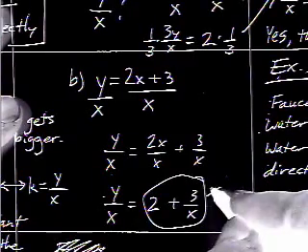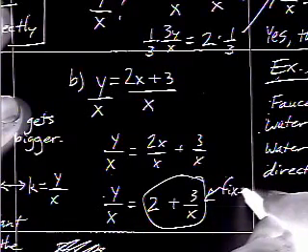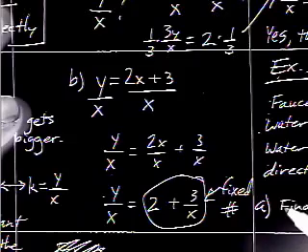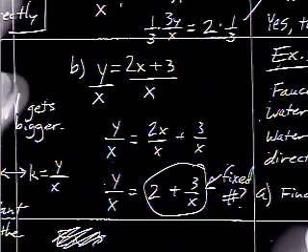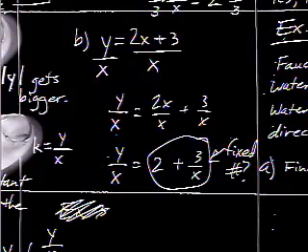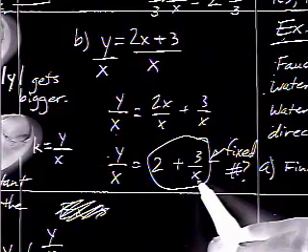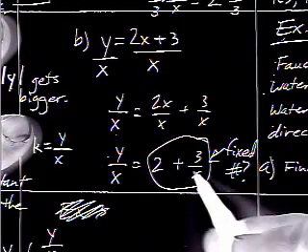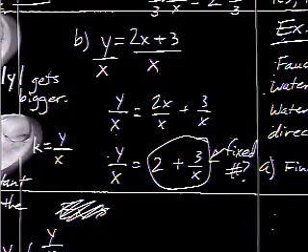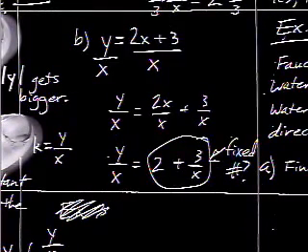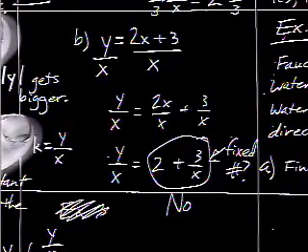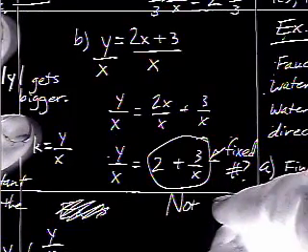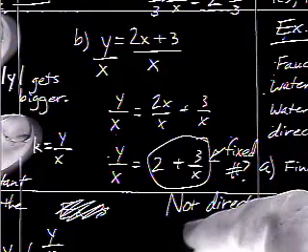So the big question, is this a fixed number? And the answer is a big no, because every time x is a different value, this whole side of the equation changes. So, definitely a big no, right? Not direct variation.